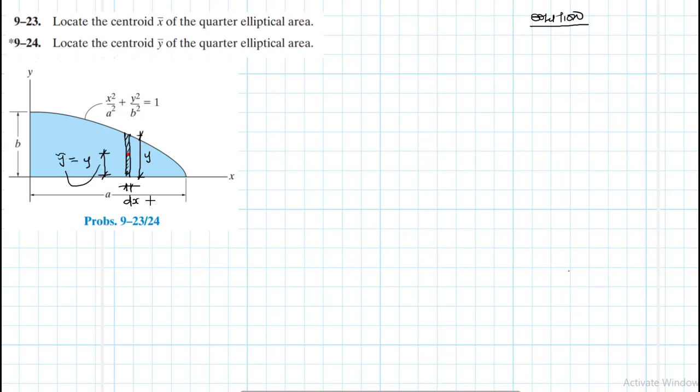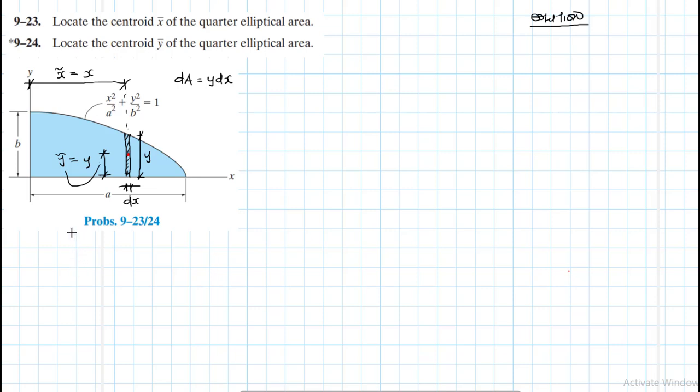It will also have its own location along the x-axis, x curled, is equal to x. And its small area dA is equal to y dx.